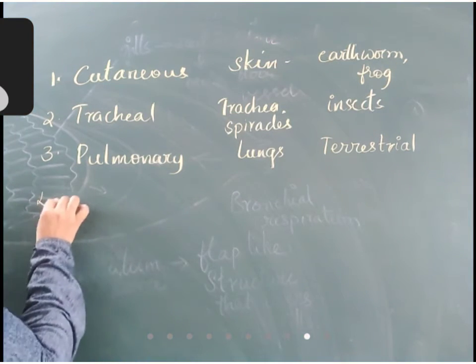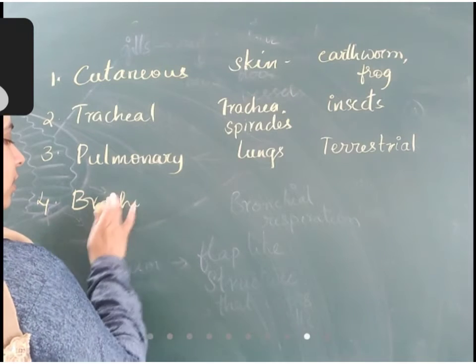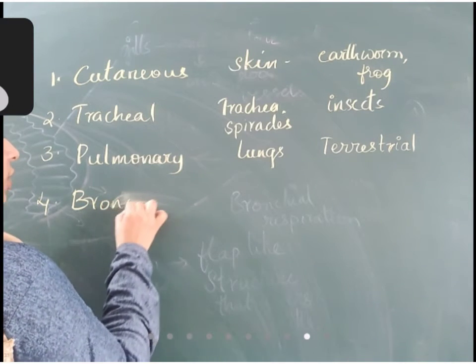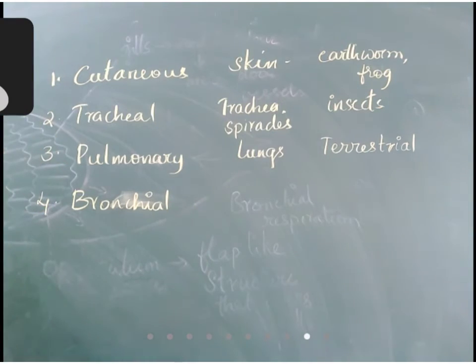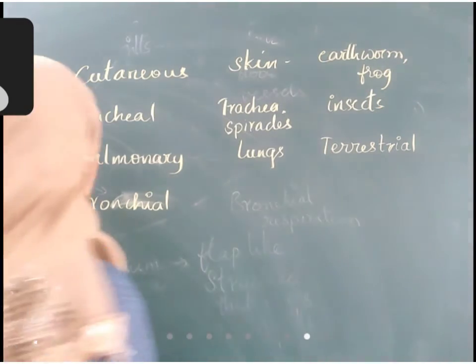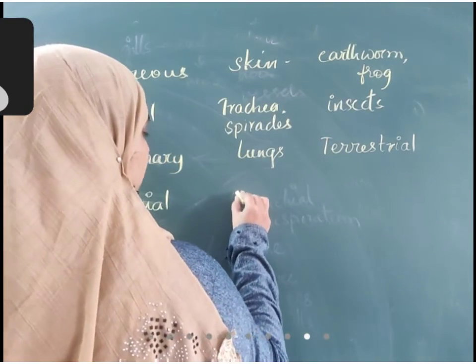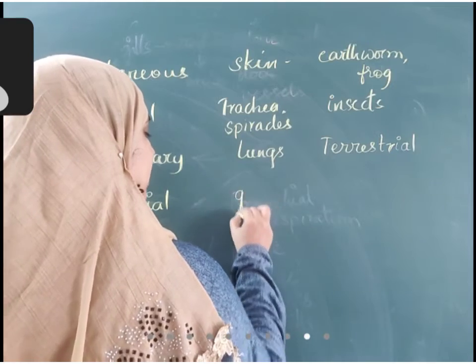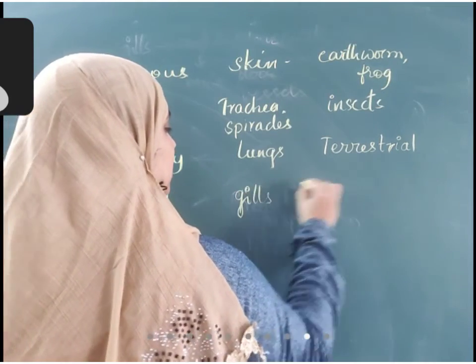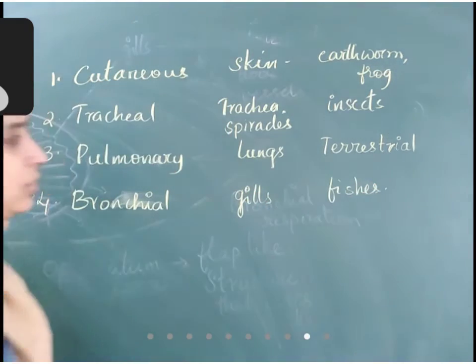Fourth one, branchial respiration. What are the organs of respiration? Gills. It occurs in fishes. So this is very important.